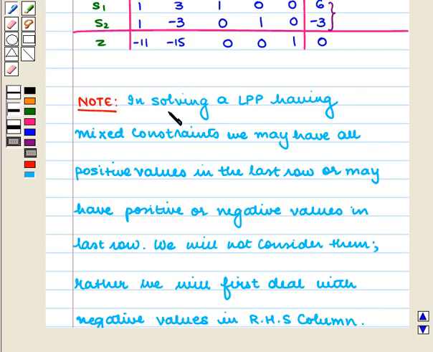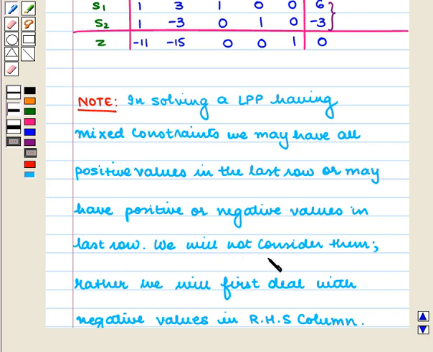Note that in solving a linear programming problem having mixed constraints, we may have all positive values in the last row or may have positive or negative values in the last row.